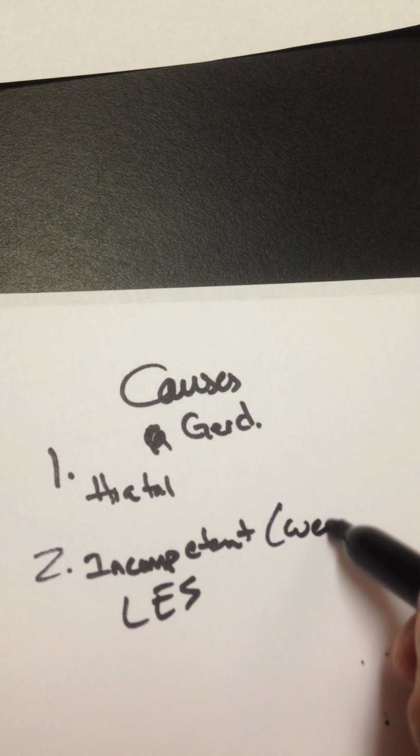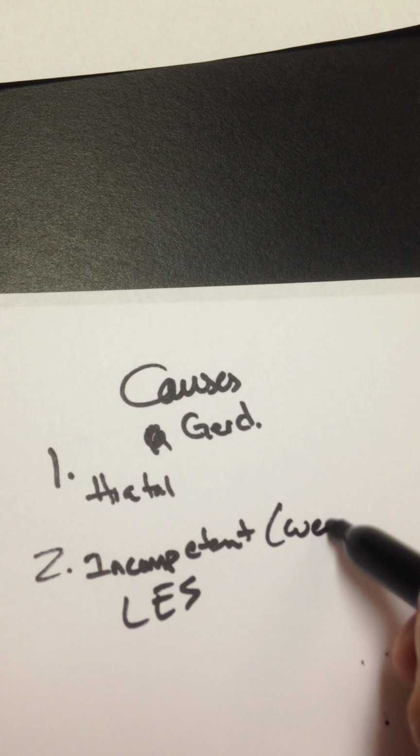Number three, decreased gastric emptying. Now, if you have decreased gastric emptying, it's just going to allow for food to sit in here for a greater period of time. You go to a supine position, you increase your abdominal pressure by doing a lot of crunches.